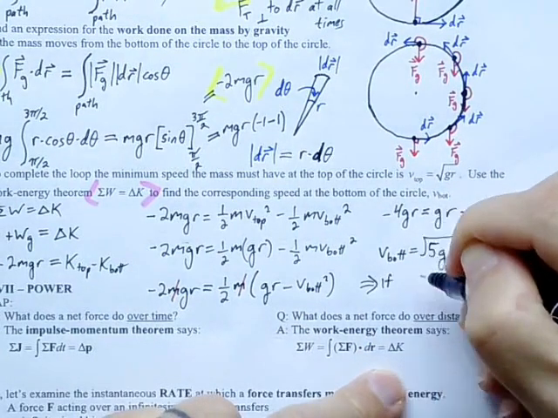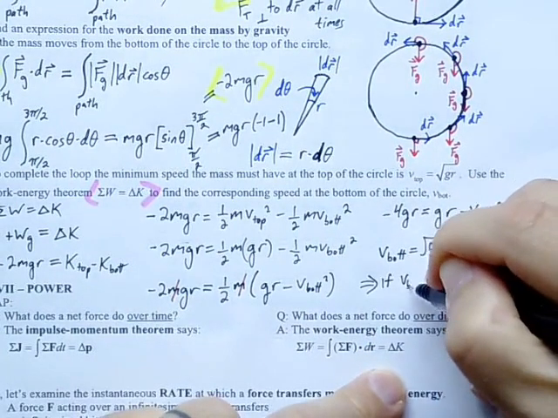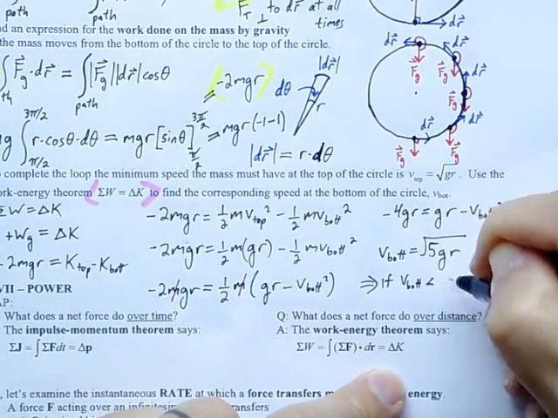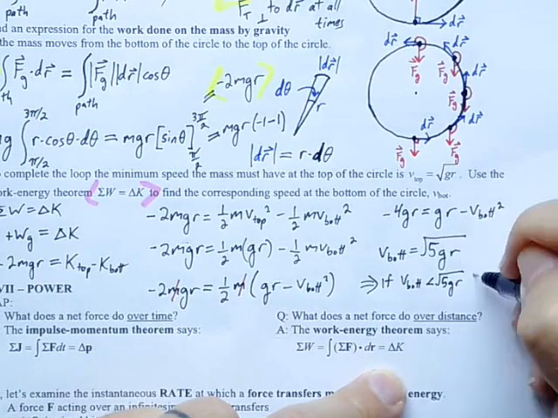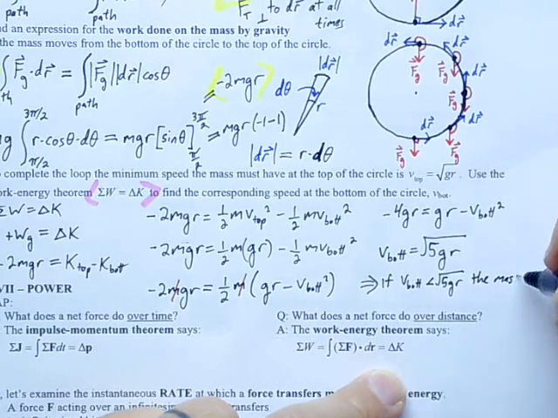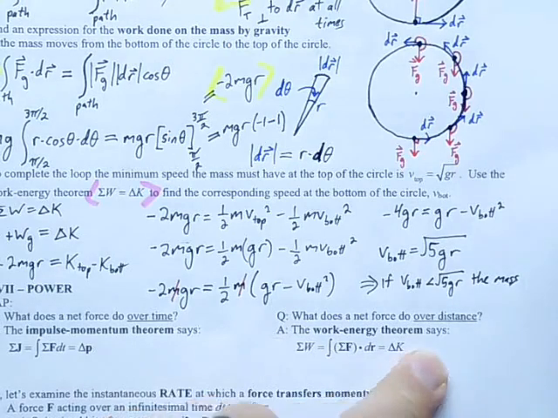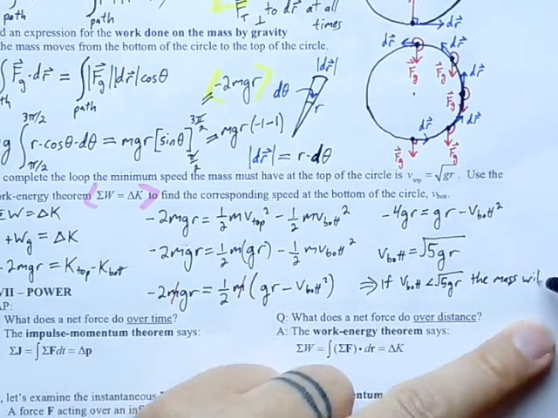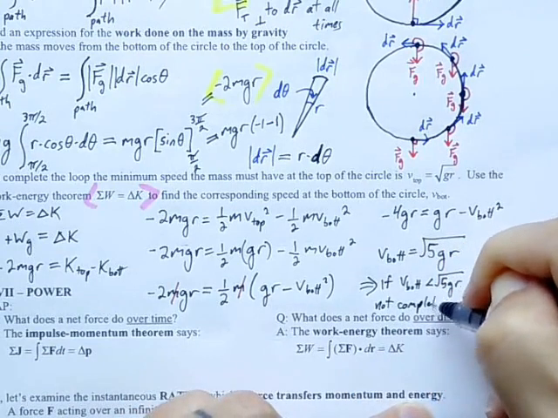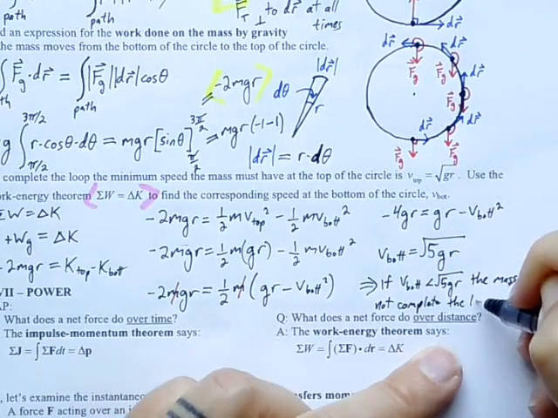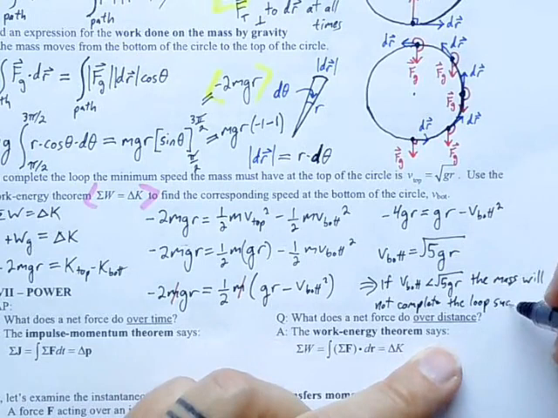Therefore, our conclusion is that if the speed at the bottom is less than the square root of 5gr, the mass will not complete the loop successfully.